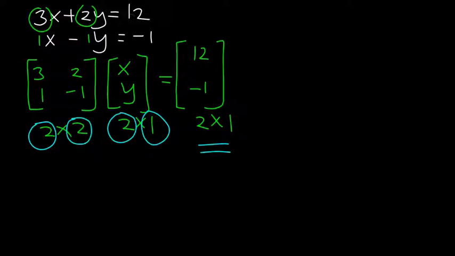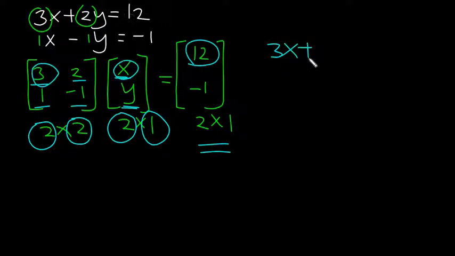So for this case, if we multiply 3 by x and then 2 by y, we should get 12. If we multiply 1 by x, -1 by y, we should get -1. So this means that 3 multiplied by x plus 2 multiplied by y should give us 12.